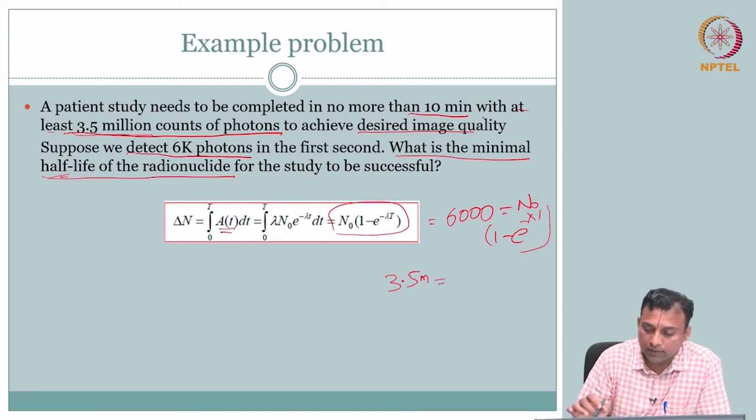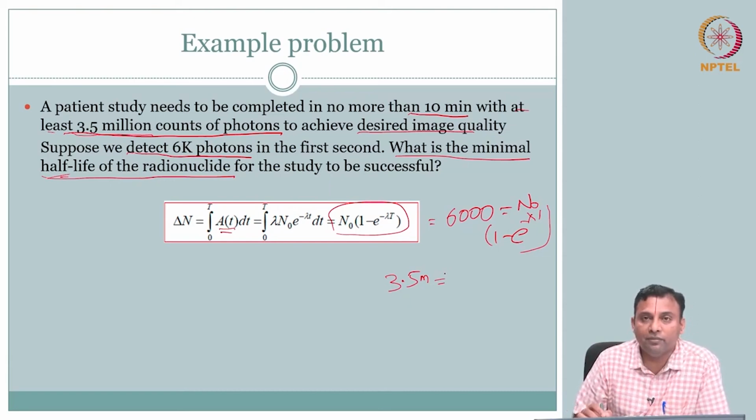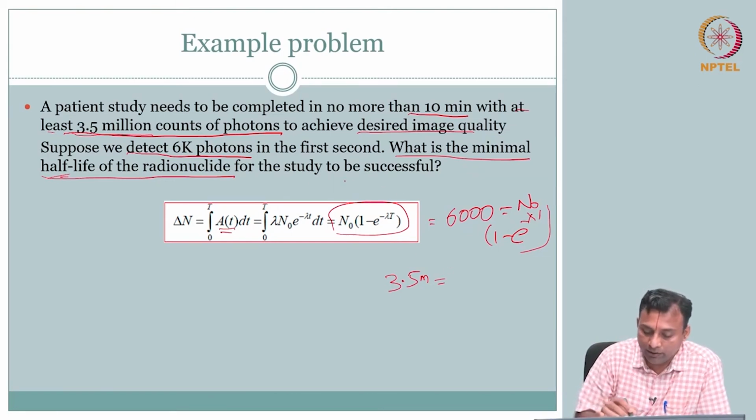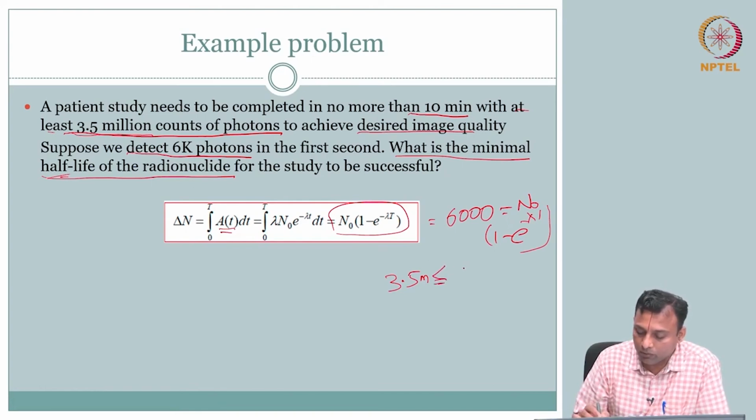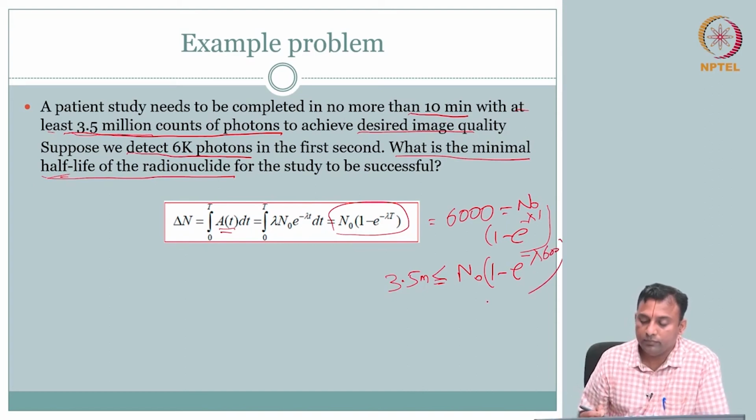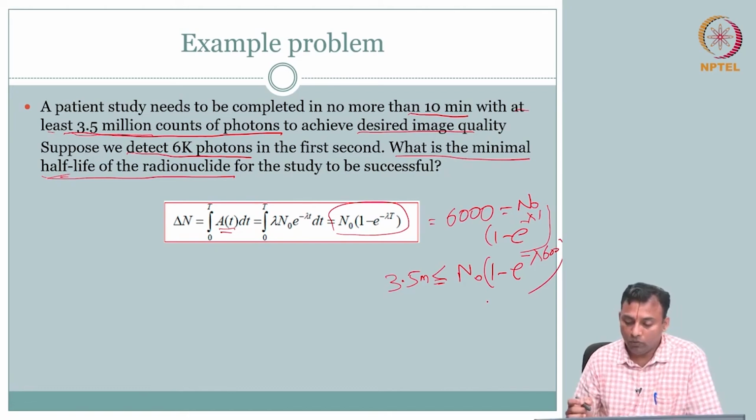No, it says at least 3.5 million counts, so this quantity should be less than or equal to n naught into 1 minus e power minus lambda t, with t being 10 minutes. In 1 minute you have 60 seconds, so 10 minutes you have 600 seconds. Clear?